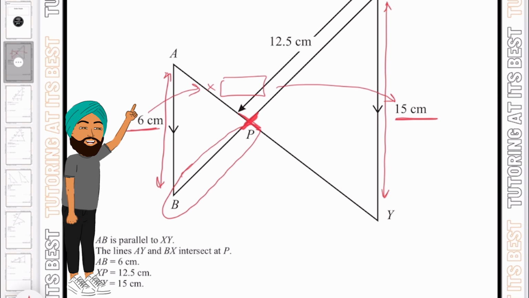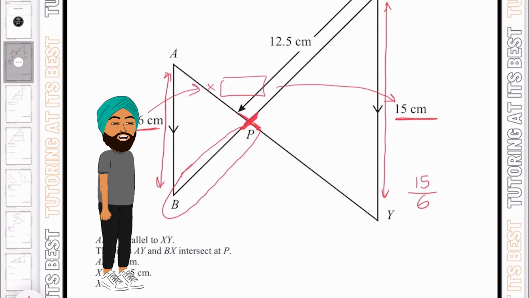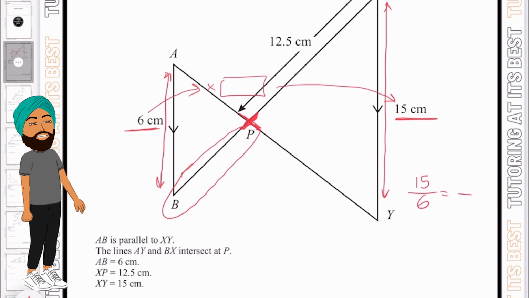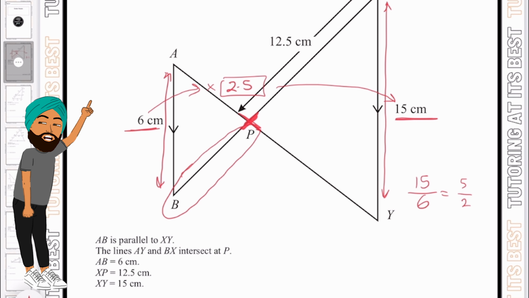The best way to do that is 15 divided by 6, which we know are both divisible by 3. So 5 over 2, which gives us 2.5. We now know that we have to multiply the smaller triangle by 2.5 in order to get the larger triangle, and that is our scale factor.